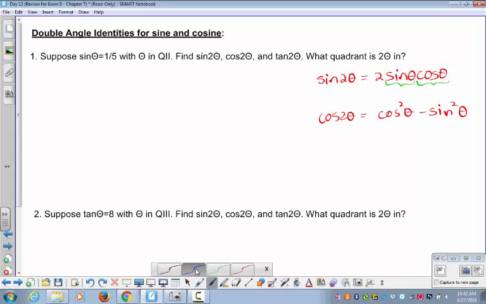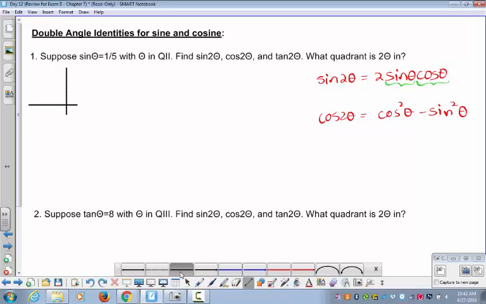We need to figure out cosine theta, though, if we're going to use those identities. So a couple of ways we could go. One is we could go super geometrically, and we could say sine is 1/5, and we're in quadrant 2. So we could draw quadrant 2, draw a terminal ray in quadrant 2, and then label a terminal point in quadrant 2.